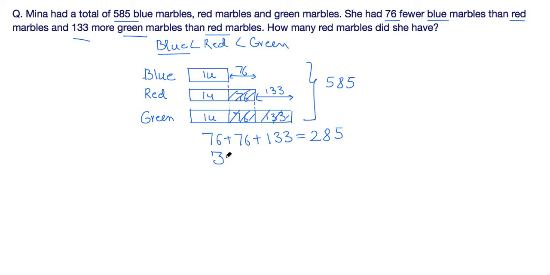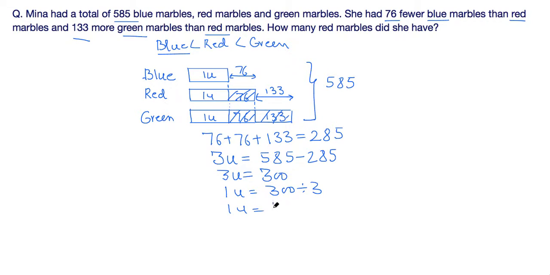So 3 units is equal to 585 minus 285, which is equal to 300. So 3 units is 300. How much will 1 unit be? 1 unit will be 300 divided by 3, which is equal to 100.